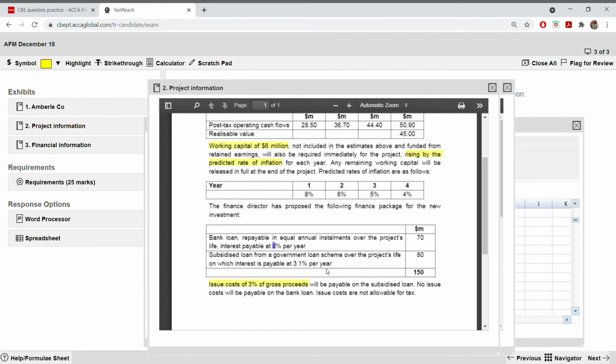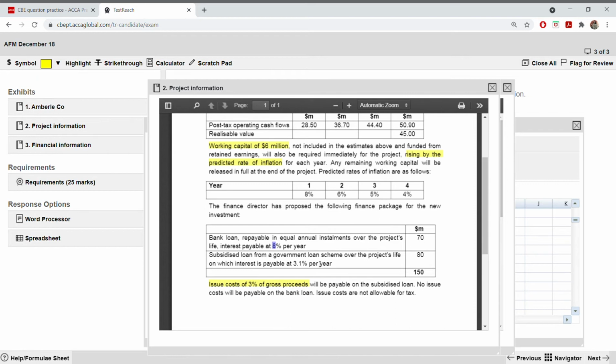For the subsidized loan also, they are taking 8%, the normal borrowing rate.